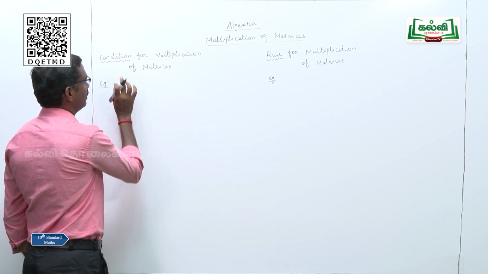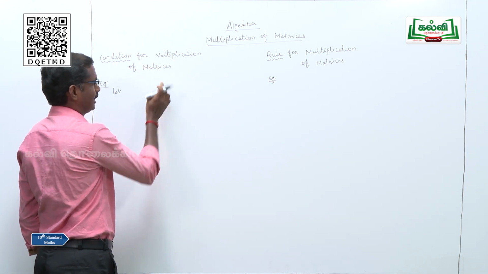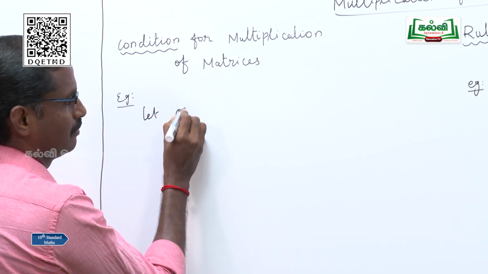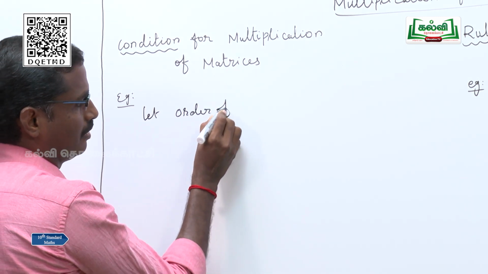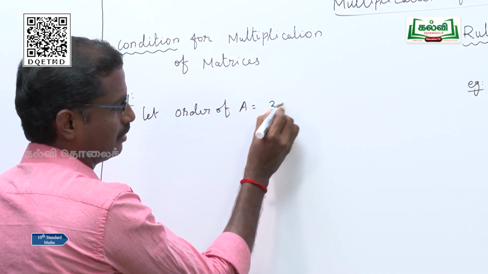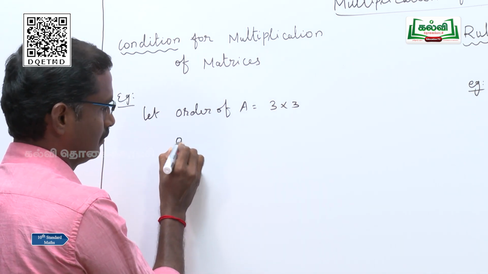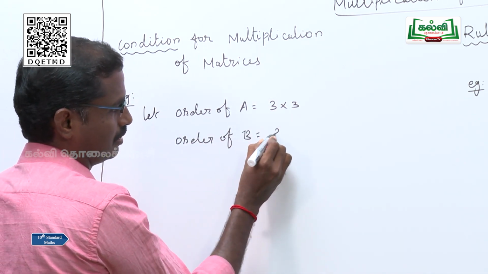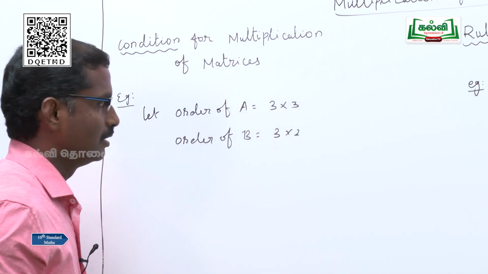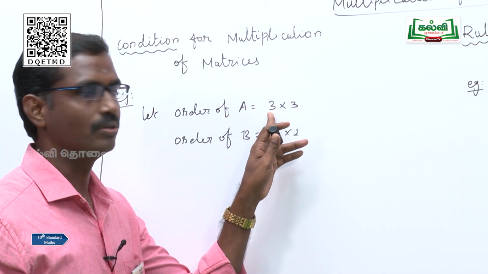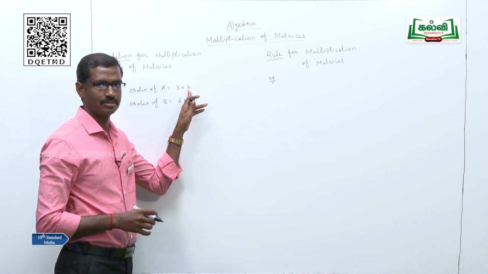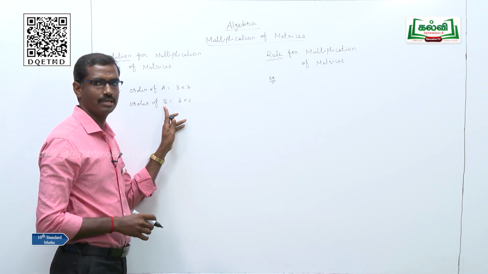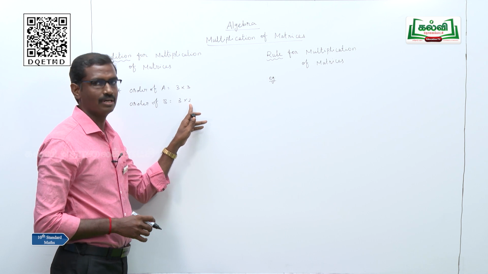For example, let the order of A equal 3 by 3 and the order of B equal 3 by 2. In the first matrix, the number of rows is 3 and the number of columns is also 3. In the second matrix, the number of rows is 3 and the number of columns is 2.